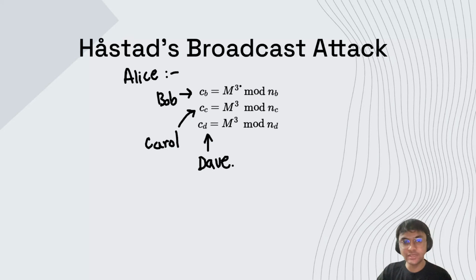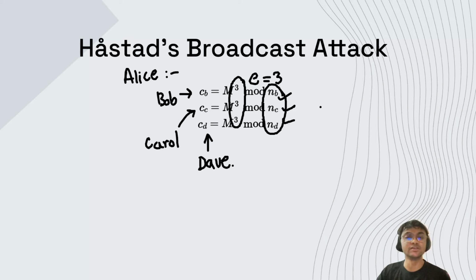In all of these, Alice decides to choose the public exponent as 3. The moduli that Alice uses for each of these computations are NB, NC, and ND respectively, which are relatively coprime, or the GCD of NB and NC is 1. Similarly for the other two pairs.